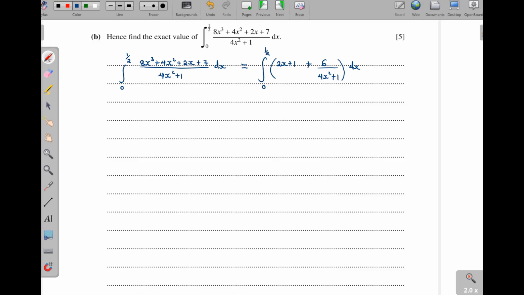Now, what I'm going to do is to first make sure that, remember, when we integrate 1 over x squared plus a squared with respect to x, this one is given in the list of formulae. It is 1 over a, then the arctan of x over a. You see that?